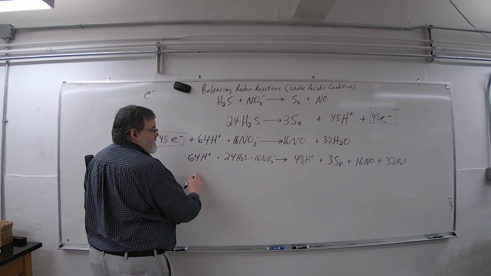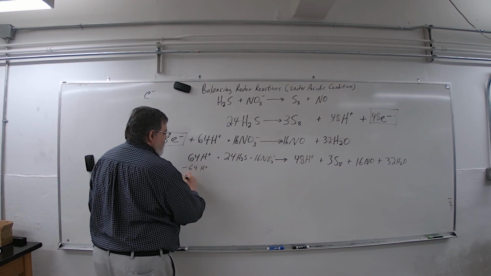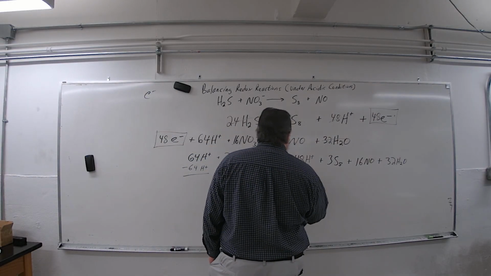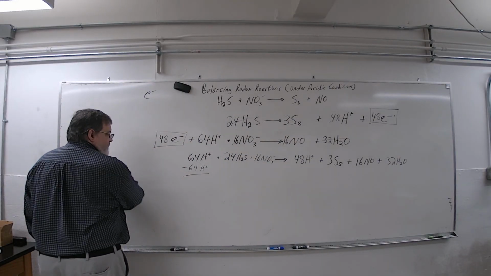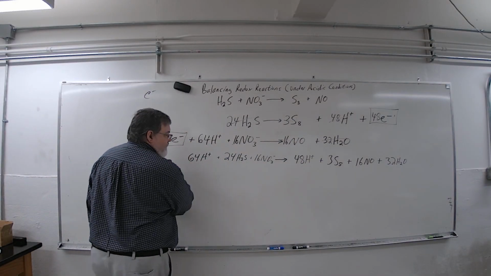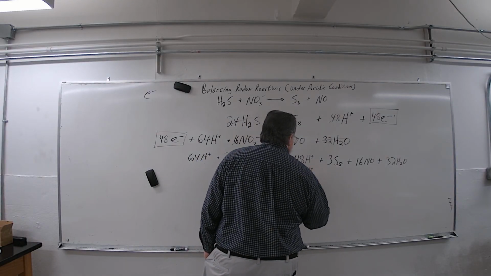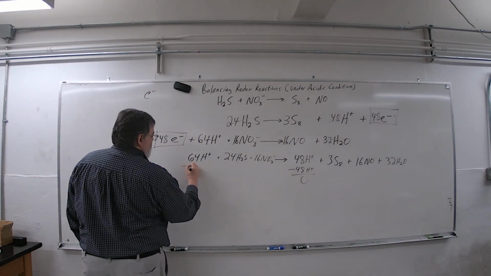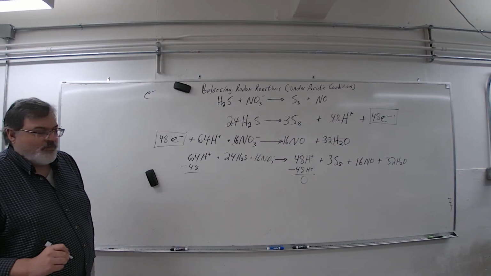So we will subtract 64. We end up with 0 H plus. No, backwards. Minus 48 H plus, so we get 0 there. 64 minus 48. Somebody do that in their head real quick.